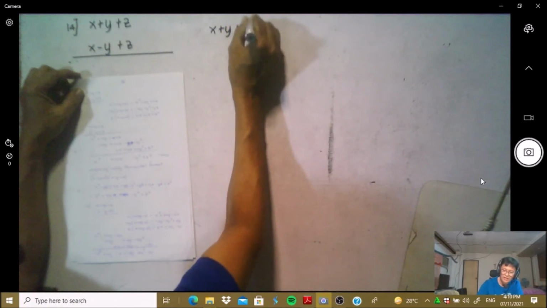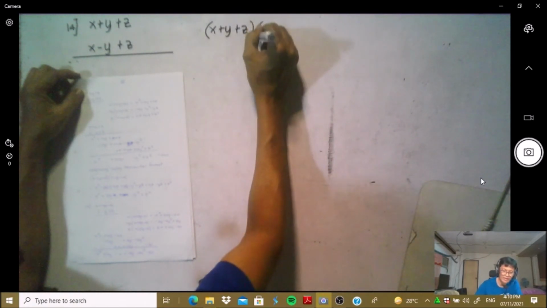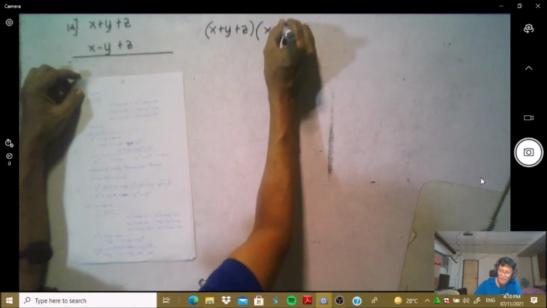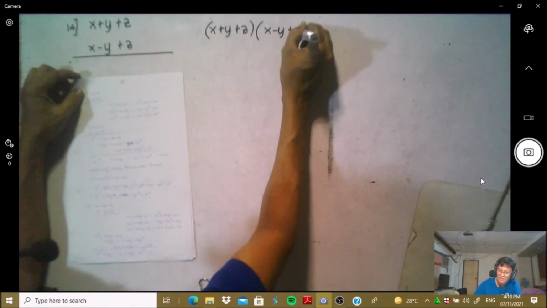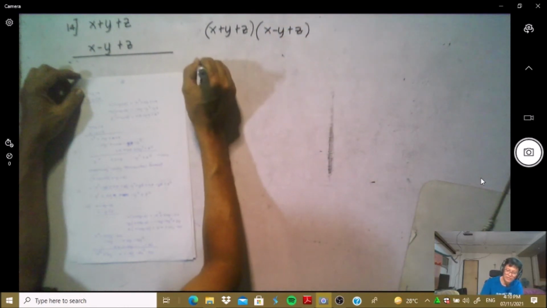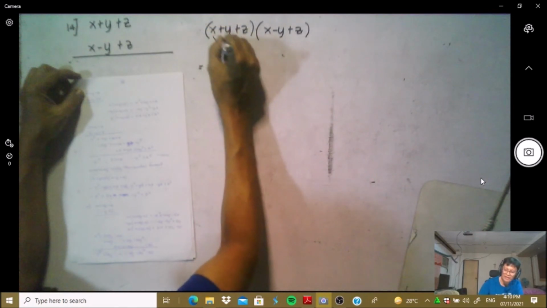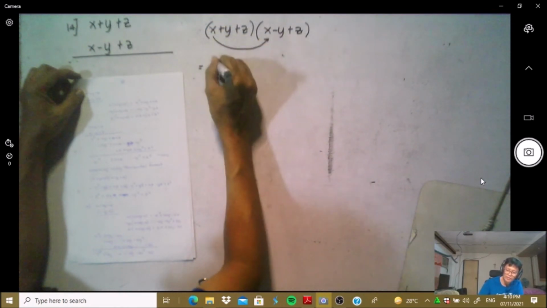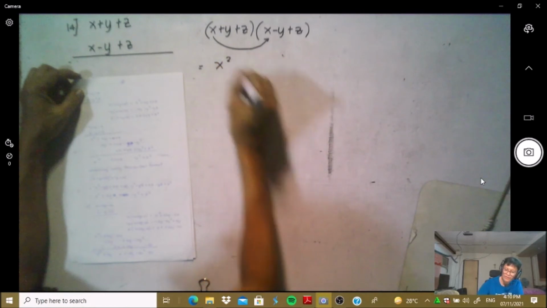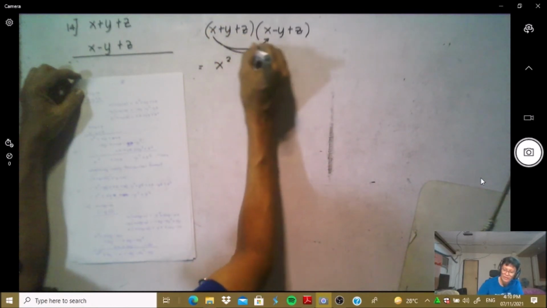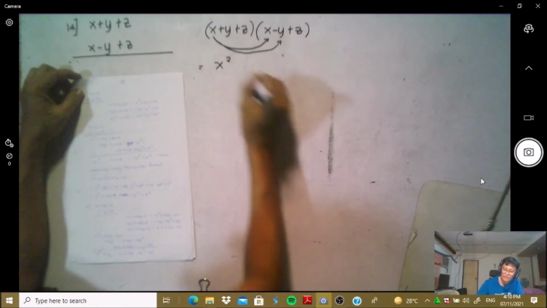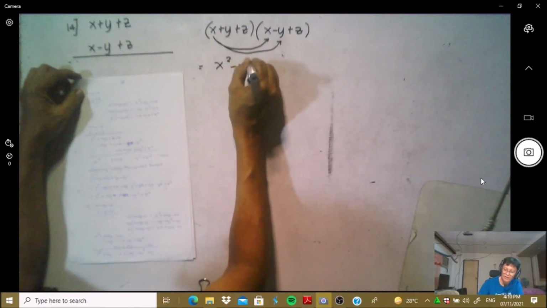We have x plus y plus c multiplied by x minus y plus c. Just do this. We have x multiplied by x, so that will be x squared. Then x multiplied with negative y, so negative xy.